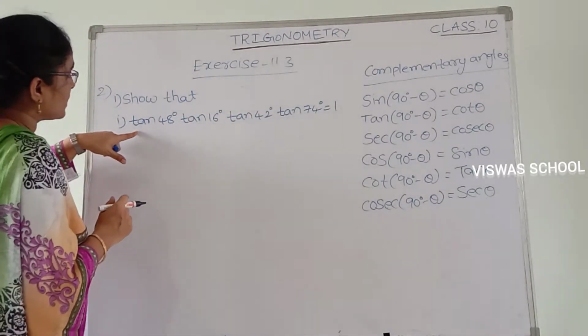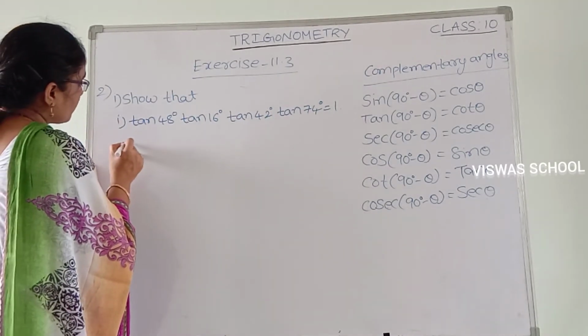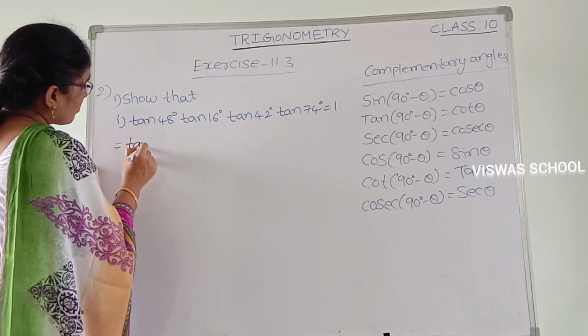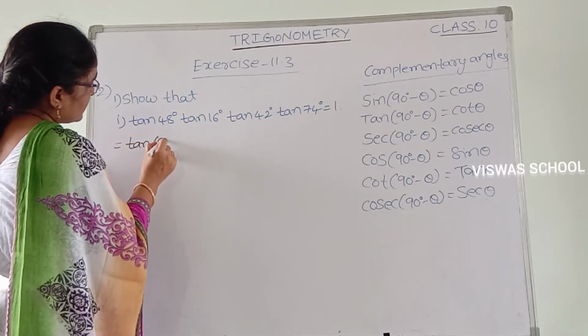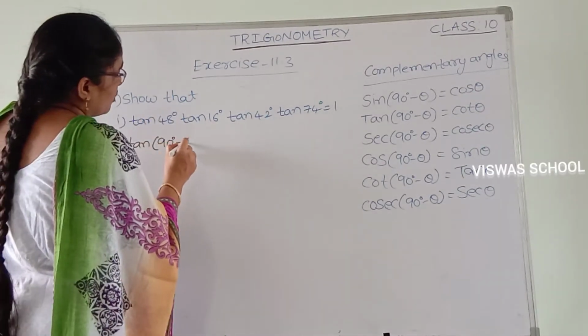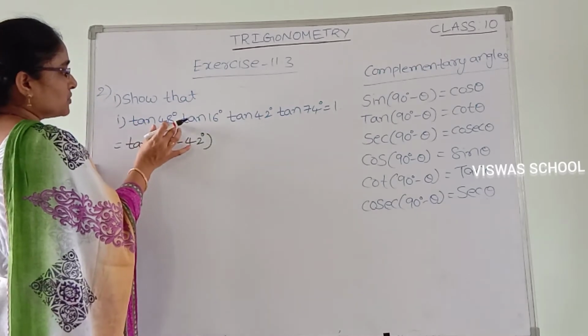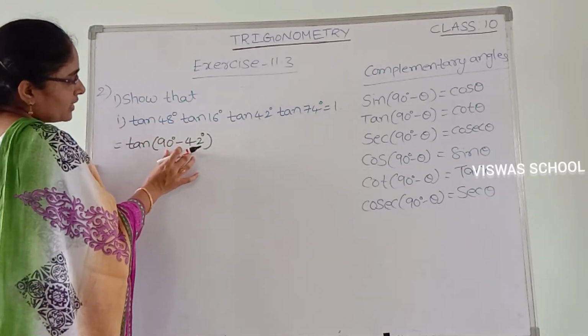Here tan 48 you can write as tan of 90 degrees minus 42 degrees, since 90 minus 42 is equal to 48.